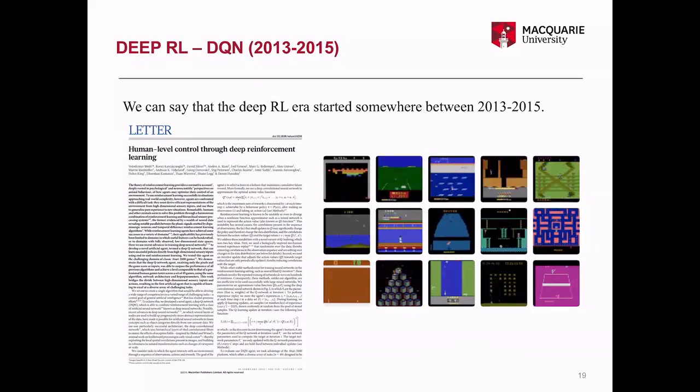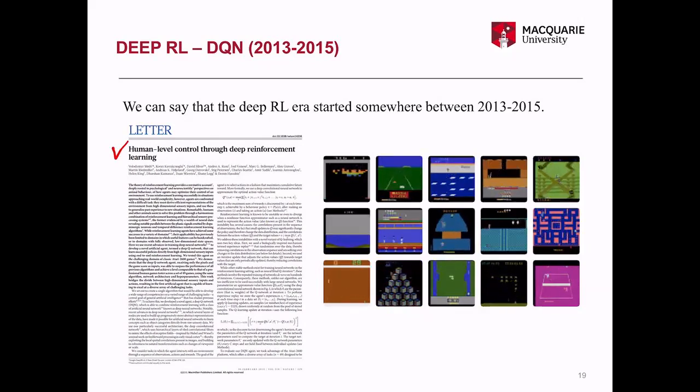But the revolutionary thing about DQN, especially DQN 2015, was that they gave the pixels of all the Atari 2600 games to the DQN agent separately. It's not just one agent, so they retrained one algorithm for each environment, and in all of them, the agent actually learned and got really good. Sometimes it even got better than a human expert, and that's why the name of the paper is Human-level control through deep reinforcement learning.